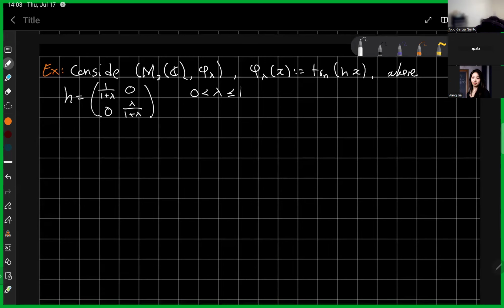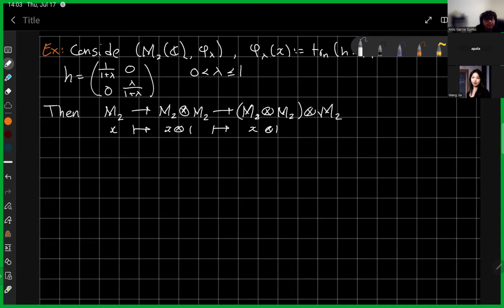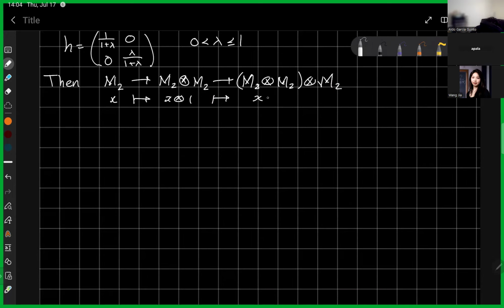Okay, so we do the construction of the hyperfinite. So M_2 embeds into M_2 tensor M_2, embeds into M_2 tensor M_2 tensor M_2. This is just by x maps to x tensor 1, tensor 1.